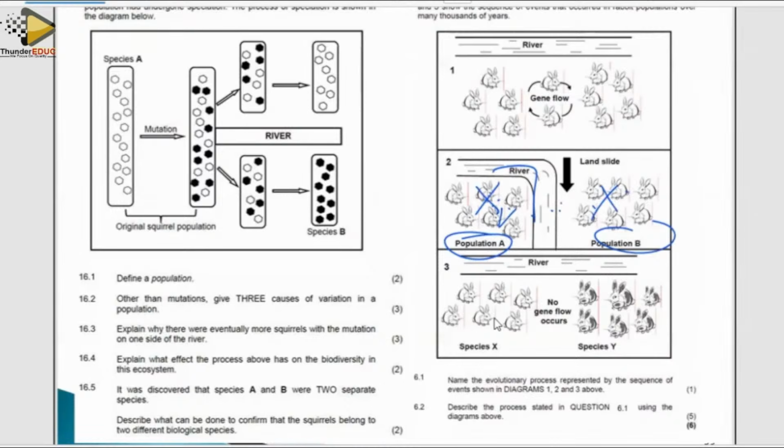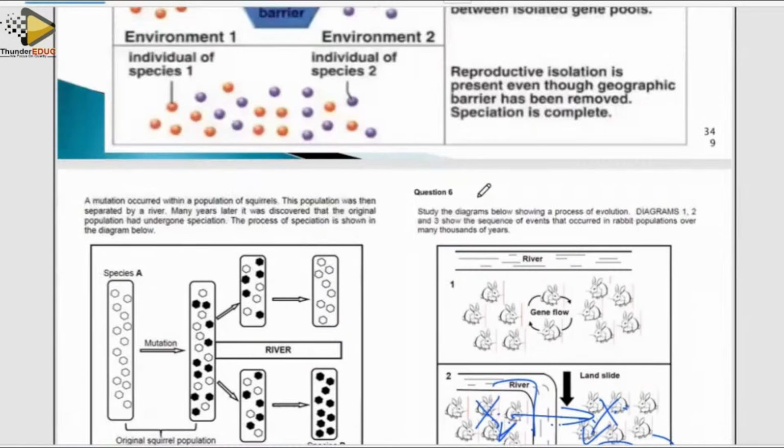So natural selection occurs independently, and since it occurred independently, they became genotypically and phenotypically different. If you remove the river and mix them again, they cannot interbreed to produce fertile offspring. Therefore, species X and species Y have become new species of rabbits. So you have to use the example they have given you to describe that concept.